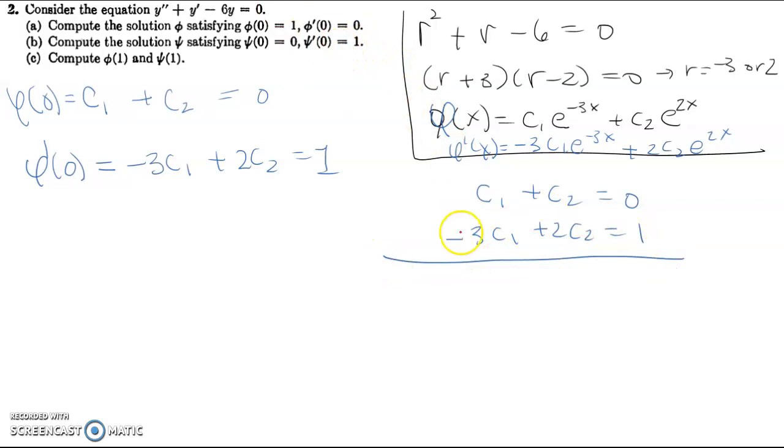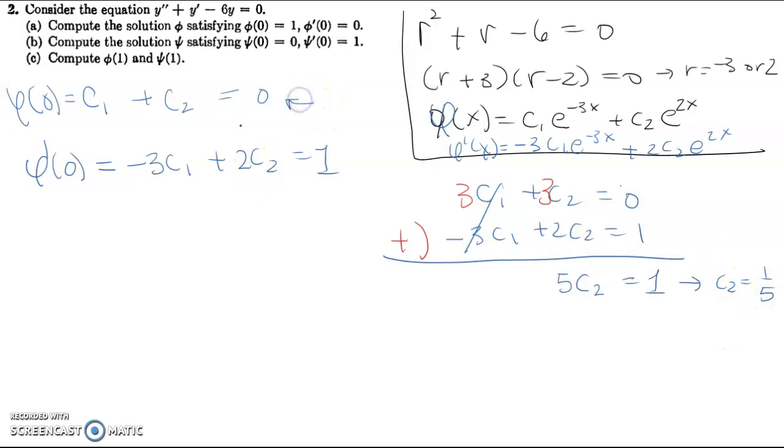I'm going to multiply the top equation by 3 again and add these two equations. Positive 3 c1 minus 3 c1 cancels out. That was the whole point of multiplying the top equation by 3. And we have 5 c2 equals 1, so c2 equals 1 over 5.